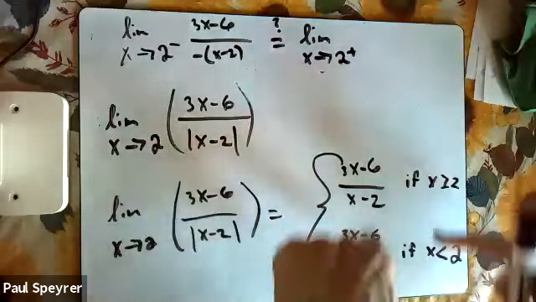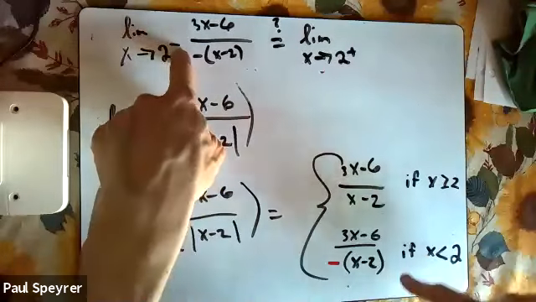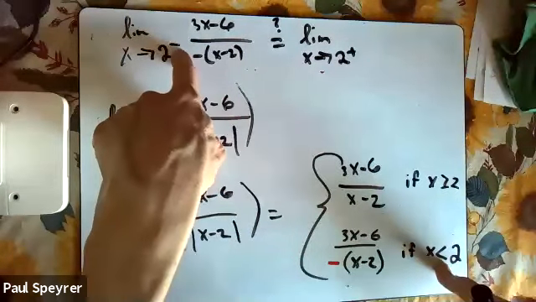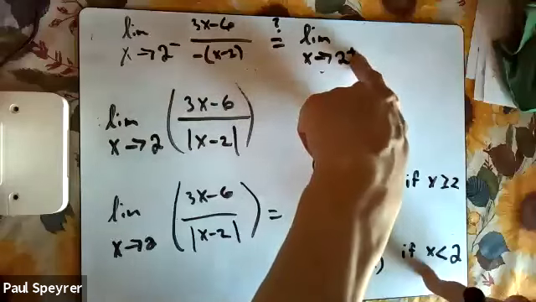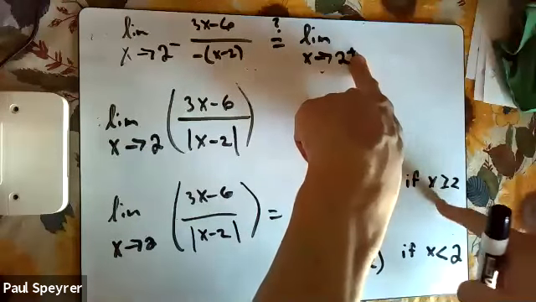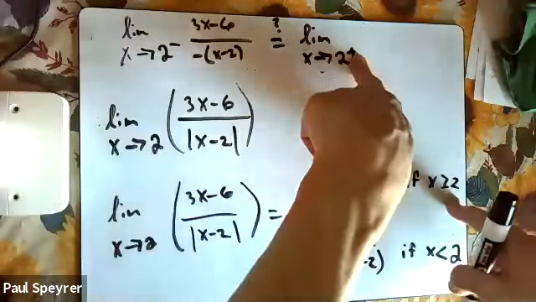Don't forget, when you're writing this out, the left-hand version uses the less than from the piecewise function. Approaching that value from the right side, you're going to be using the x greater than or equal to version.